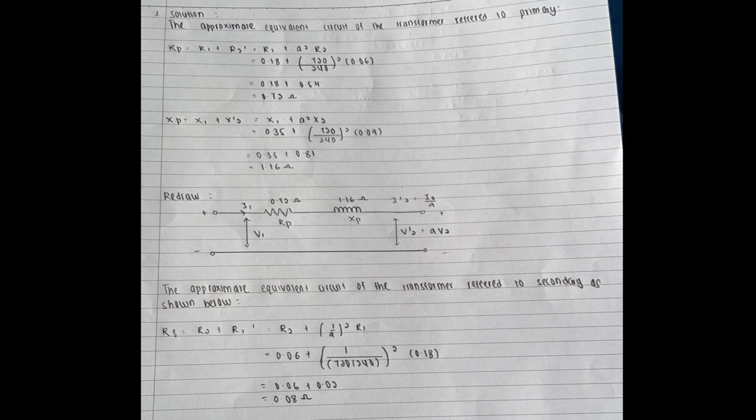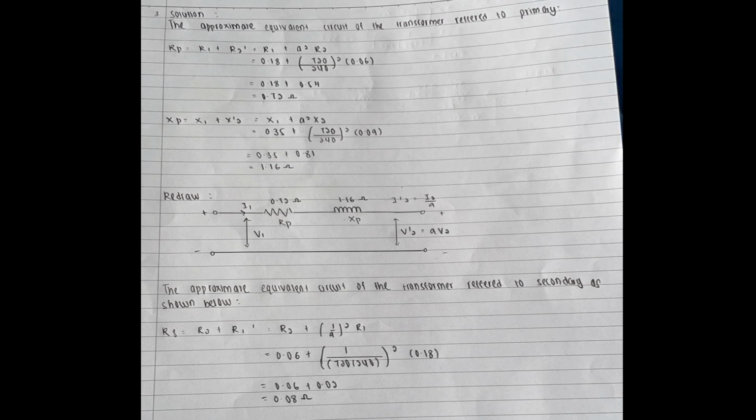Then we find the approximate equivalent circuit referred to the secondary, as shown below. Rs equals R2 plus R1 prime. So R2 is 0.06 plus 1 over (720/240) squared times R1, which is 0.18.